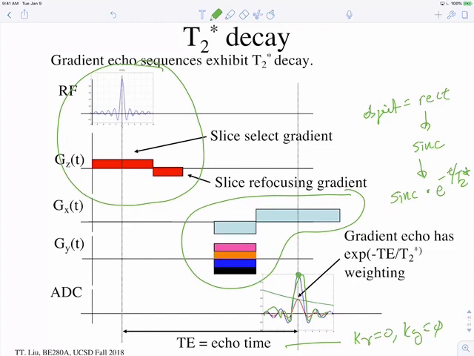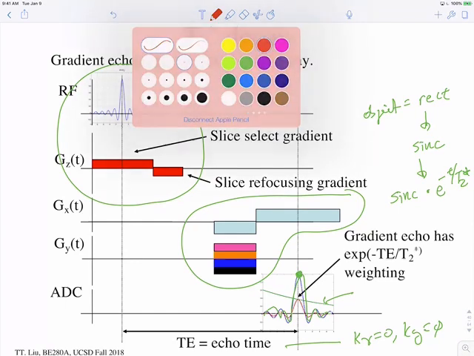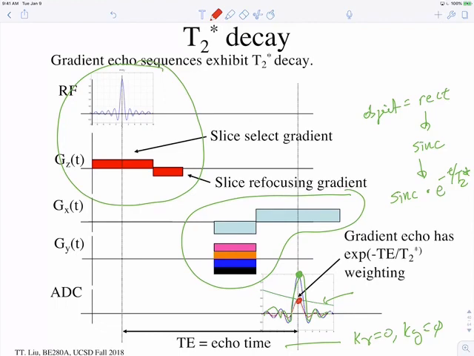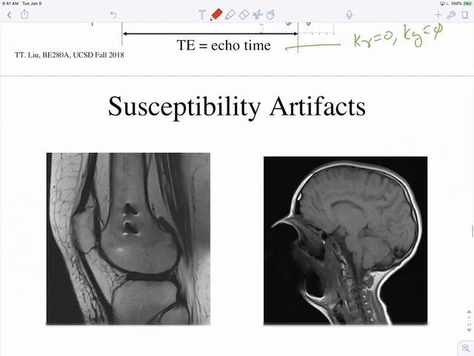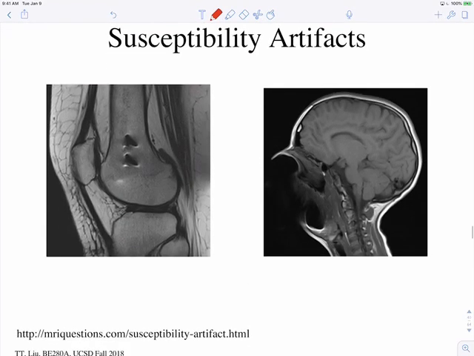So instead of the function we expect to see, we see one that's weighted by this exponential, where this is showing the weighting term. So we've gone from this amplitude down to this amplitude here. We've lost a lot of signal due to that decay. And if we wait too long, that signal is going to decay completely, and we'll have a black image. So here are some examples of that.